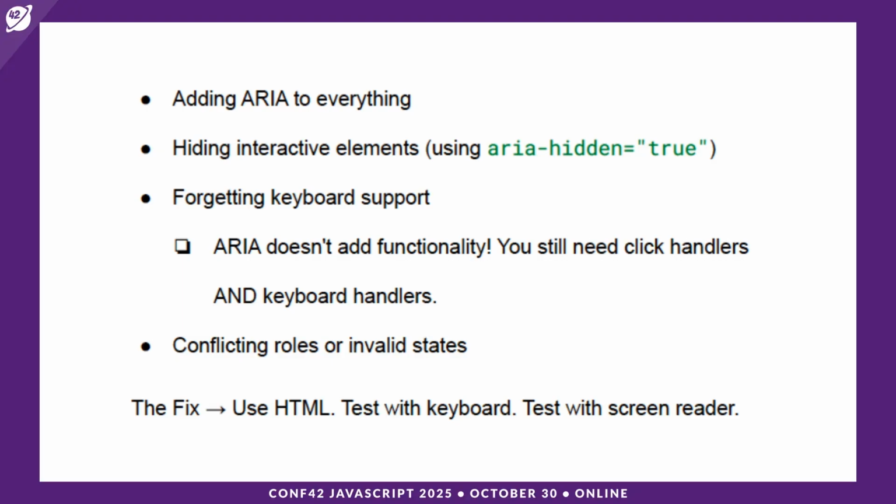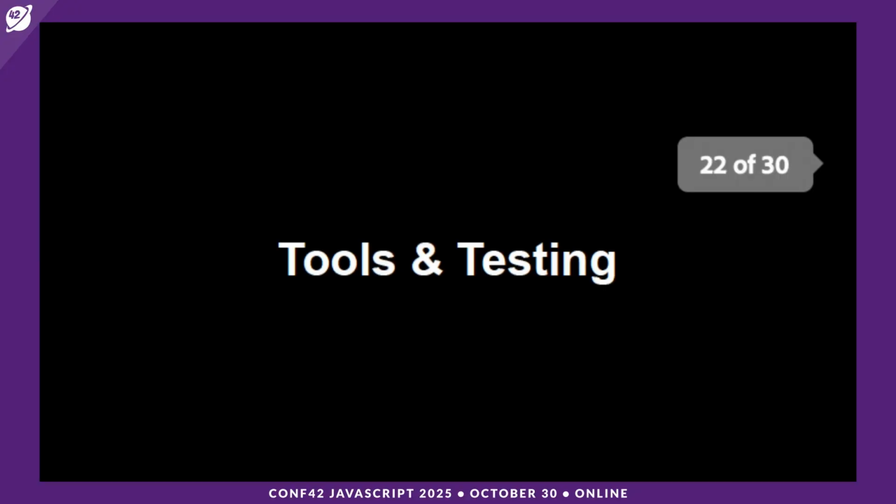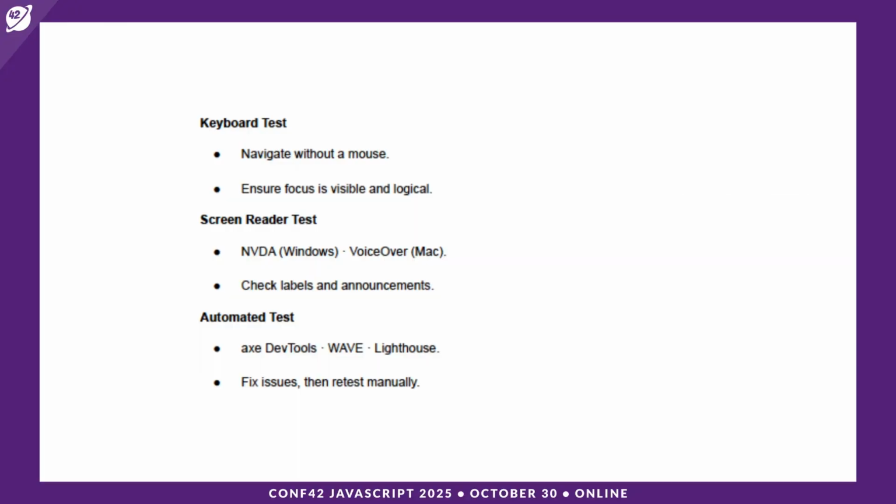The fix is to always use semantic HTML, and then test with our keyboards to ensure that users can navigate with the keyboard without the mouse, and then test with a screen reader to ensure these things are synced correctly. There are tools and technologies we can use for this testing. We should do the keyboard test first.